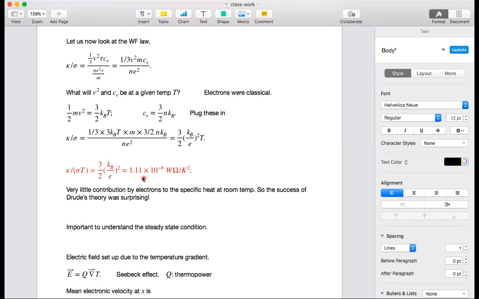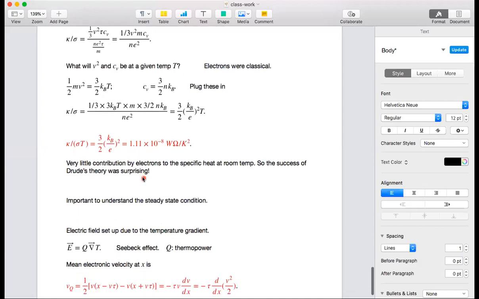Once experiments were done to measure the specific heat of metals, it was found that at room temperature, there was no contribution of the order of 3/2 n k_B. In fact, the electronic contribution to the specific heat of metal at room temperature is very, very small. It's not anything significant, number one.